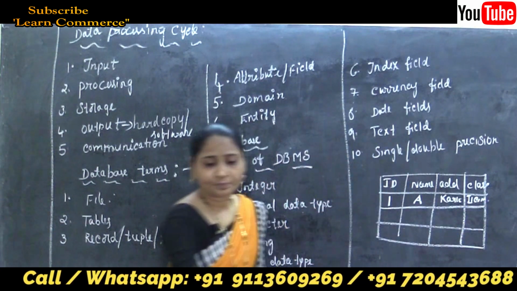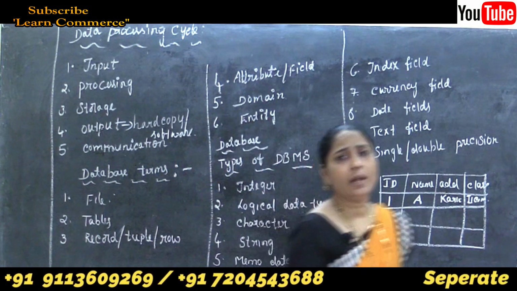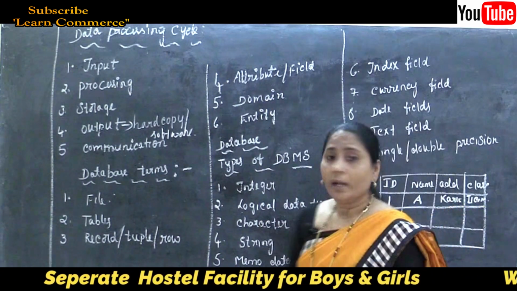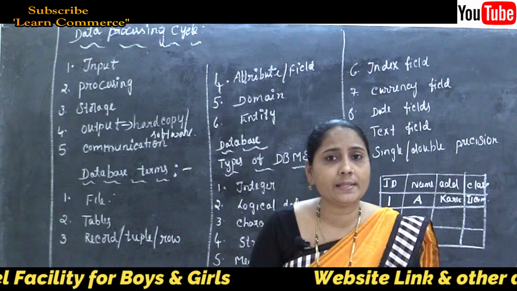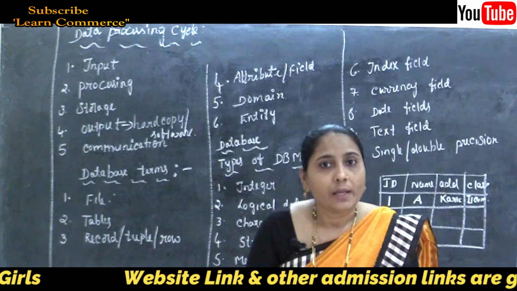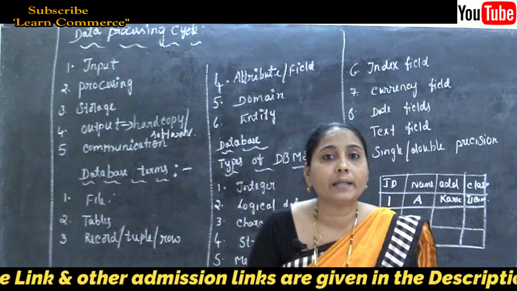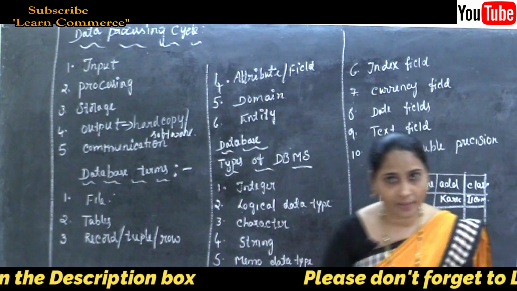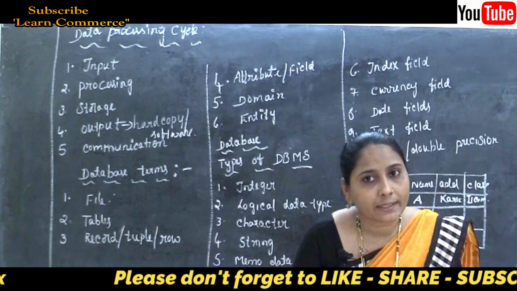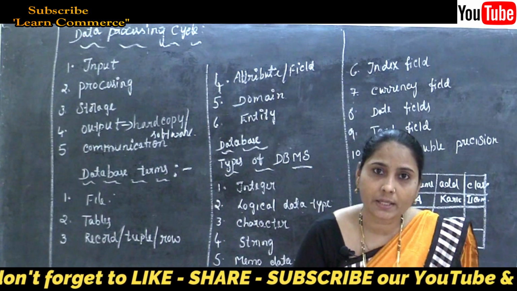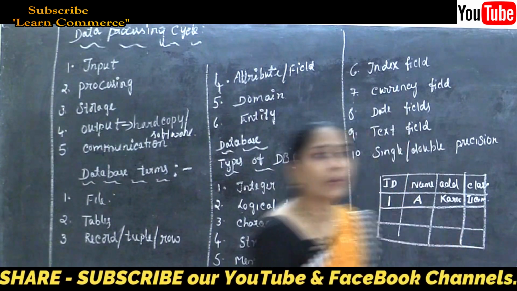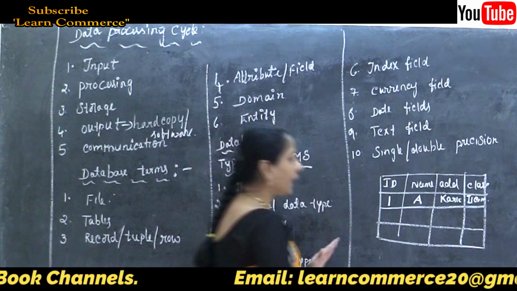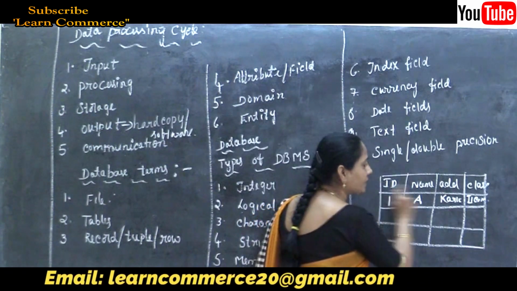Now we are in the concept of our tables. In a relational database, a table is a collection of data elements. That means it is a collection of data elements, and such data elements are organized in terms of rows and columns. Now which is called the rows?